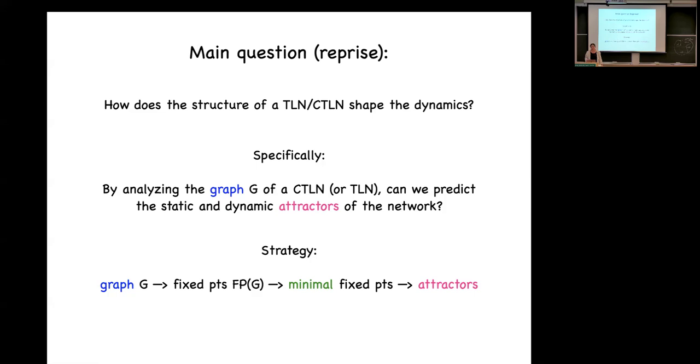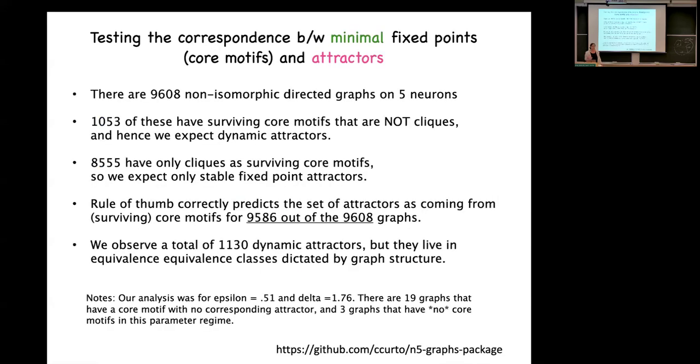So with Katie Morrison and some others, we did an exhaustive study many years ago where we looked at all directed graphs on 5 nodes, up to isomorphism. There are 9,608 of them. This number I'm sharper on than the number for 4. We did not go to n equals 6 because when you go to n equals 6, there are 1.5 million.